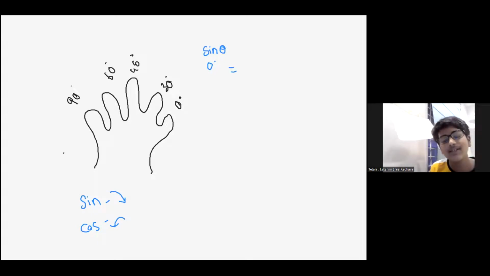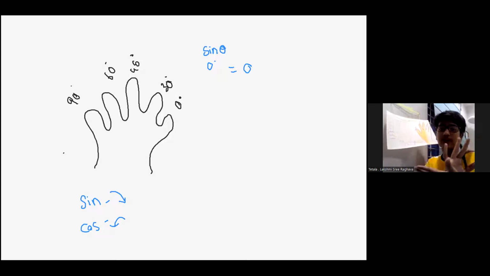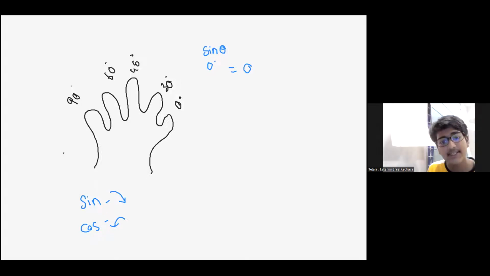Sine 0 degrees is equal to 0. Why? This is the last finger, the pinky finger. If you go to the right side, there will be no finger left. So sine 0 degrees is equal to 0. Next, sine 30 degrees. How many fingers are left? 1 finger.